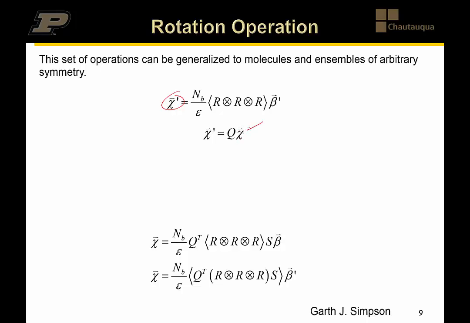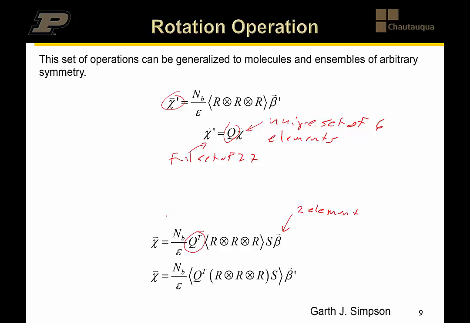If this is the unique set of 6 elements, and this is the full set of 27, we can make Q just by exact analogy with how we made S, finding the non-zero elements and populating them one-to-one over into chi to generate a smaller subset. And then we can take the transpose of that, and now what we have here is a 2-element vector on the right and a 6-element vector on the left.